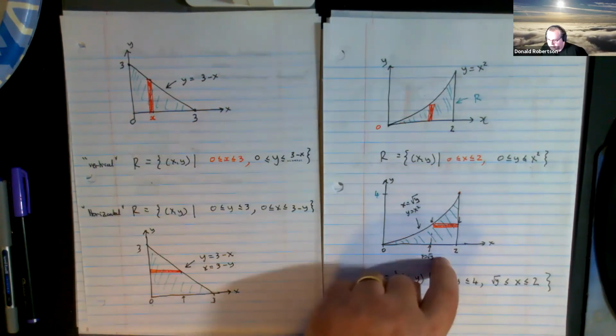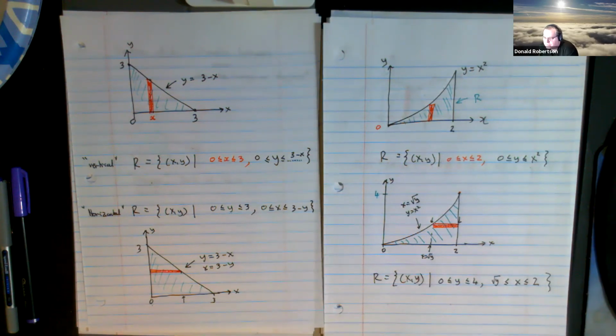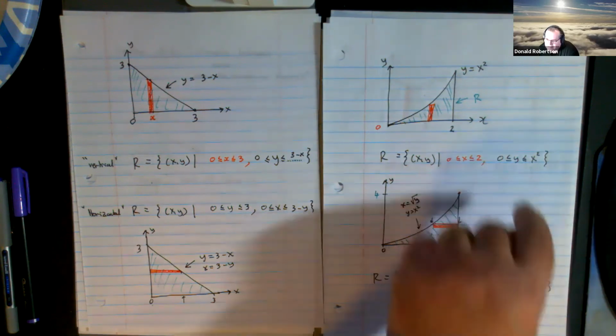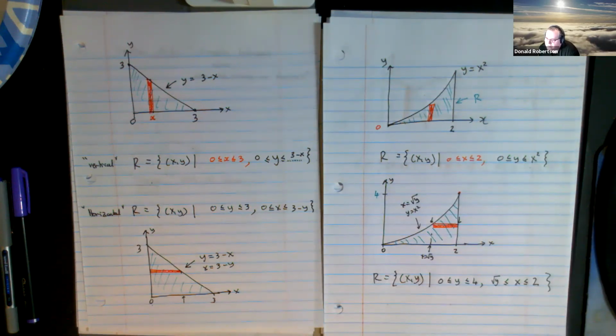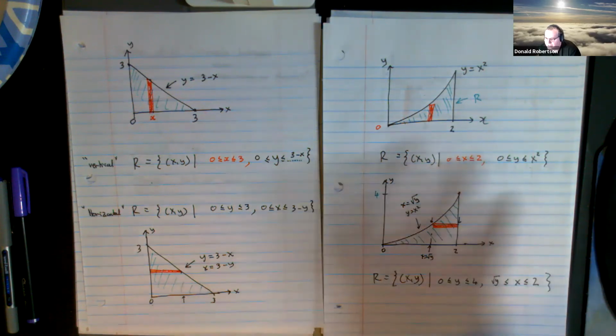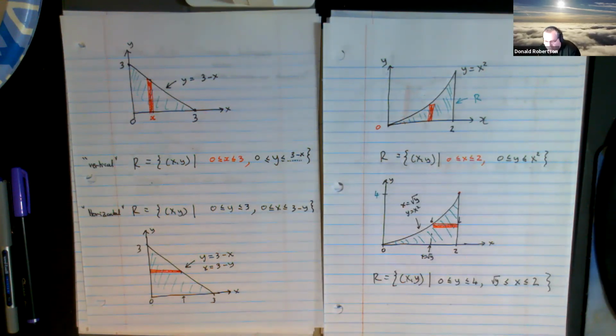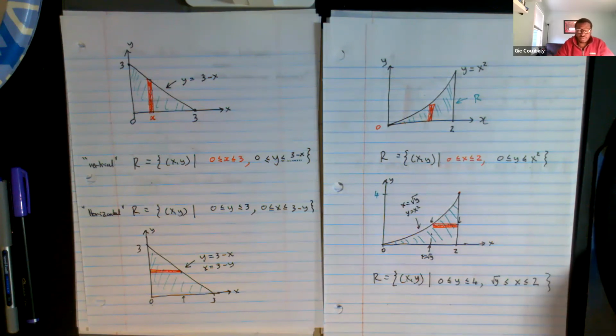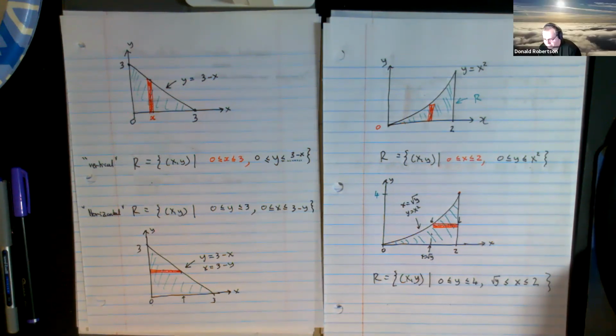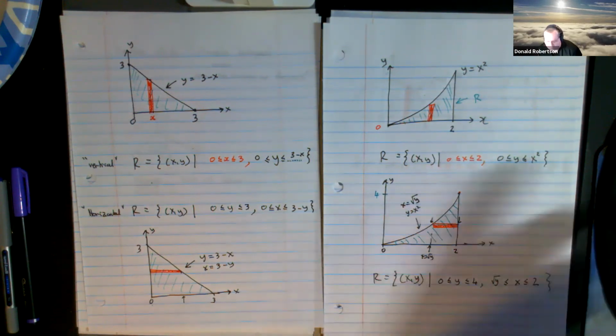Either one of these regions would work equally well in a double integral question over R. I can imagine that one of these two might be easier math than the other, and it might even be the only one that's possible. So if you're doing a double integral, even if it's a rectangular one, and the order x first and y second just doesn't work, you can look at it and say, oh God, that's going to take me forever, or I don't even know how to integrate that. Then that's probably a sign you should switch the order.